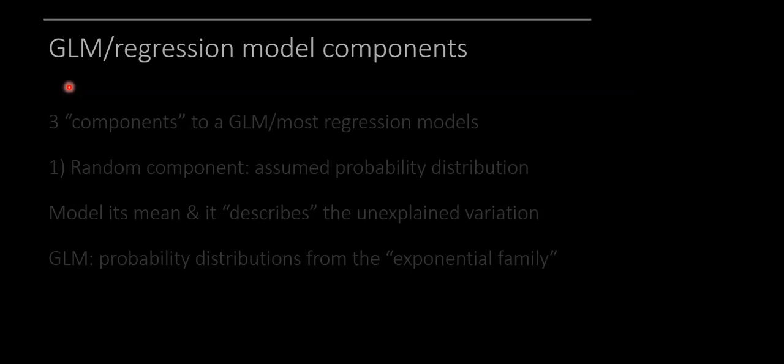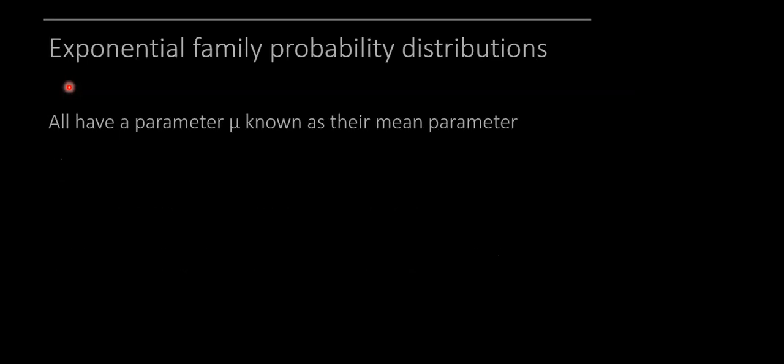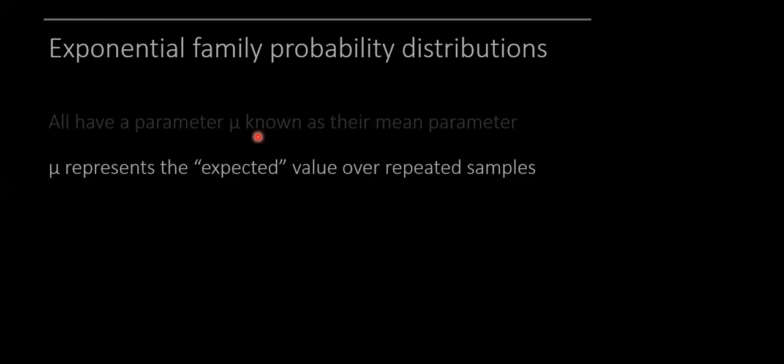We won't go into any details about what that means, but the commonality to all of these probability distributions is that they all have a parameter, which we refer to with the Greek letter mu, and this is known as the mean parameter.